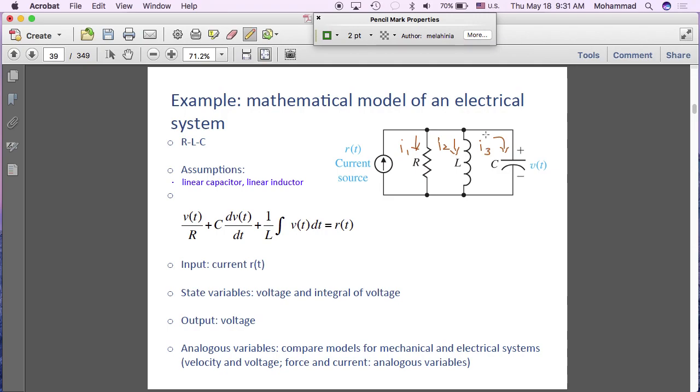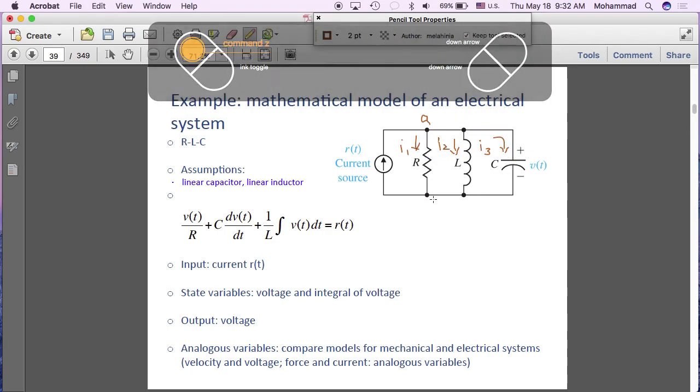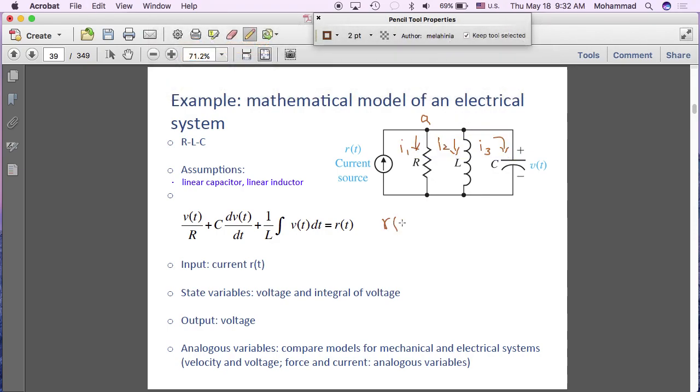If we call this node A and this node B, at node A, what we can write is R is equal to I1 and what goes through the conductor between A and B. Now, the conductor between A and B carries I2 and I3 both. So what we can write is this: R of t is equal to I1 plus I2 plus I3.